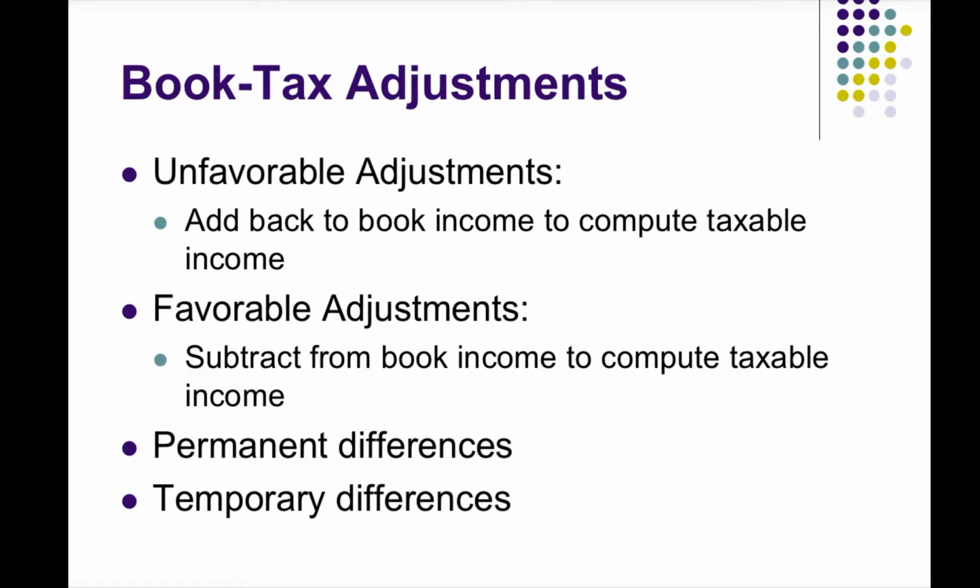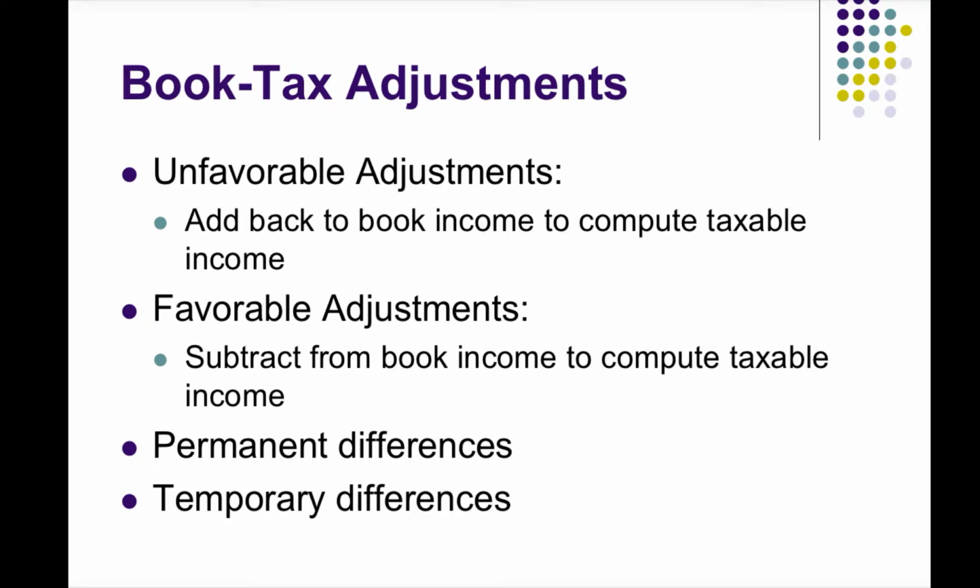Unfavorable adjustments just mean you have to add these to book income to get to taxable income. In other words, these are things that are going to make your taxable income greater than your book income. Favorable would be the other way around. And any differences are either going to be permanent or temporary. Permanent differences will never reconcile on their own, and you're always going to have a note that shows why they're different.